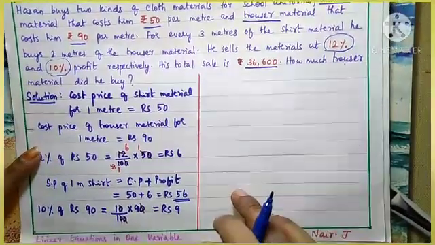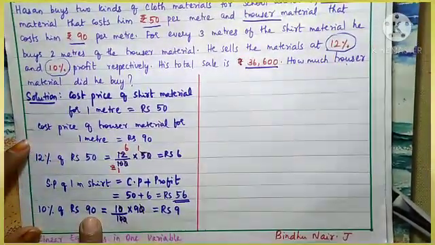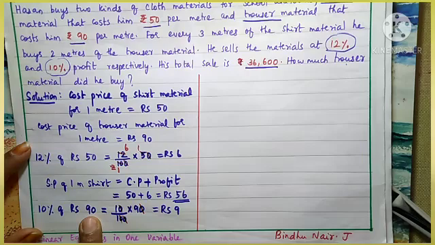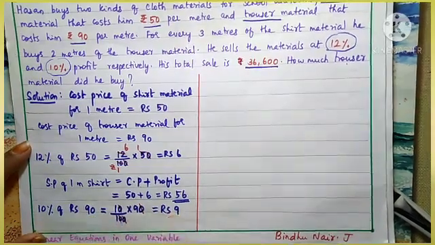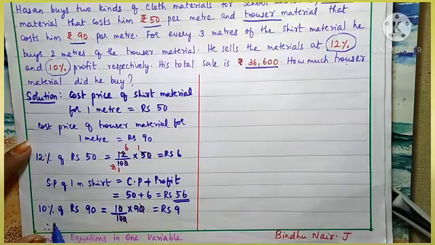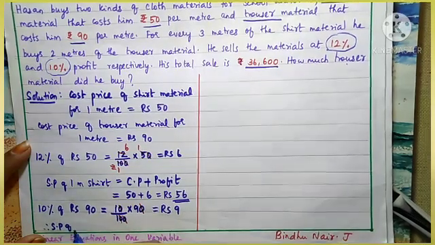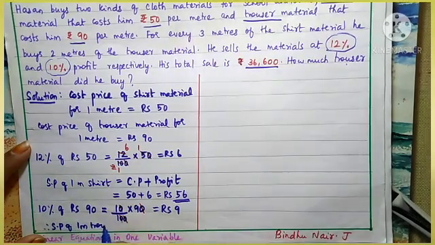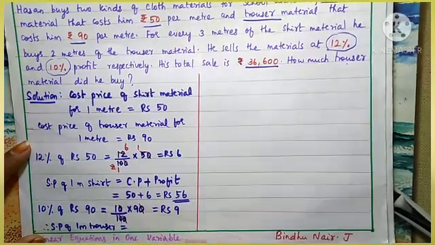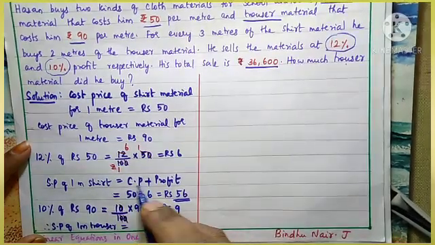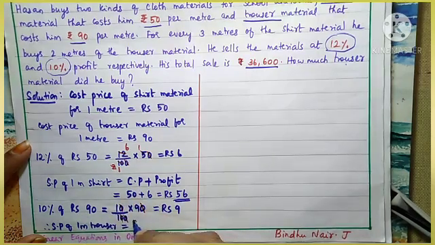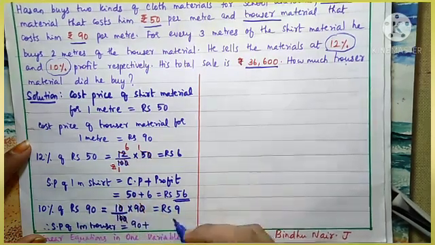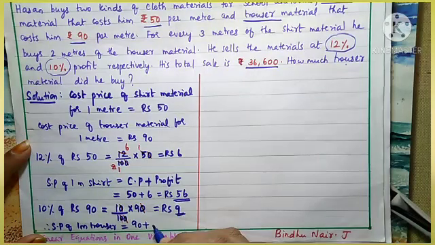Okay. So for rupees 90, for 1 meter of trouser material, the profit he is getting is rupees 9. So therefore what is the selling price of 1 meter trouser material? Yes, we need to add CP plus profit. Okay, so what is the CP of trouser material? 90. So 90 plus what is the profit here? 9.